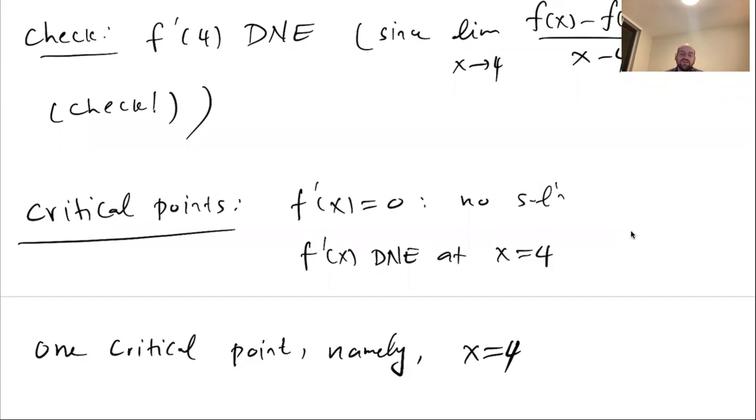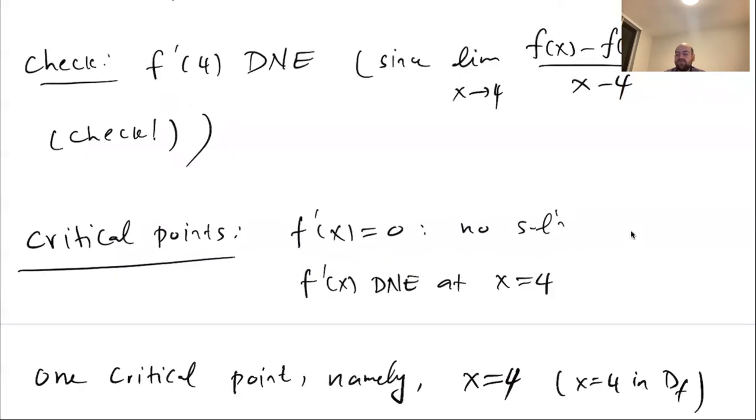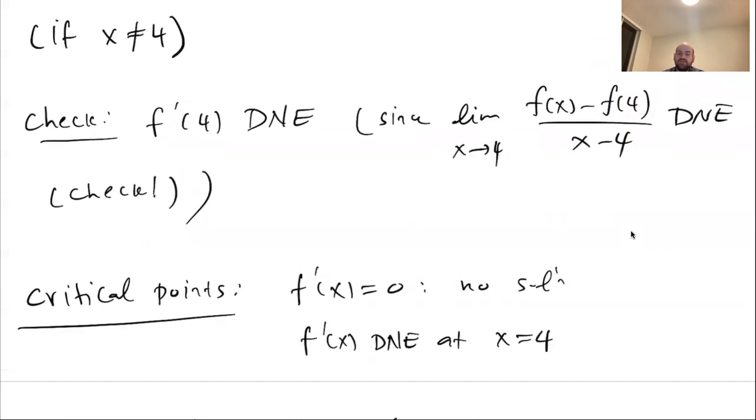Please note that x equals 4 is in the domain of f. If x equals 4 was not in the domain of f, we would not count it as a critical point. The critical point must always be in the domain of the function. Now x equals 4 is not in the domain of f prime because f prime of 4 is undefined, but it is in the domain of f.